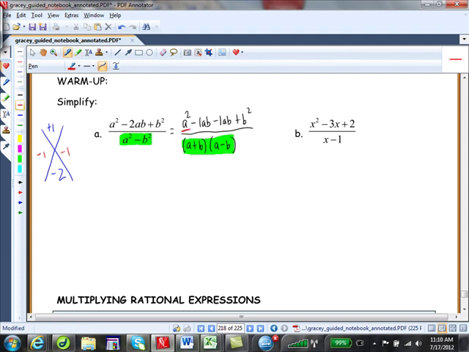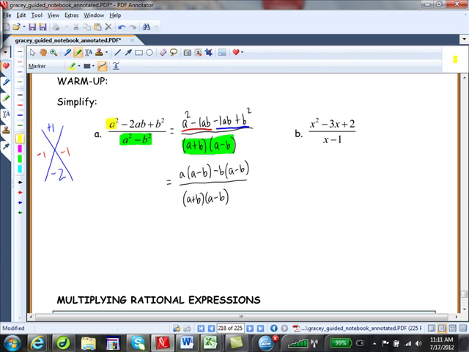So here, this is like our red group and our blue group like we've done before. So when I factor our red group, I can factor out an a. We'll be left with a minus b. And if I factor out a negative b, we'll be left with an a minus a b. And that's all over a plus b times a minus b.